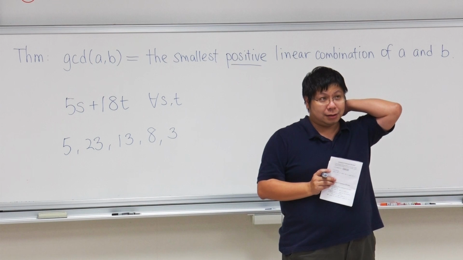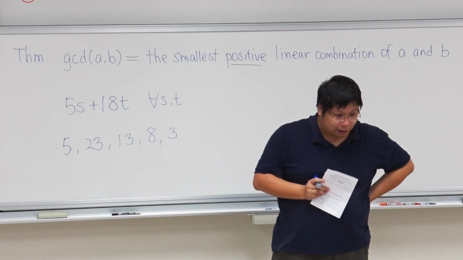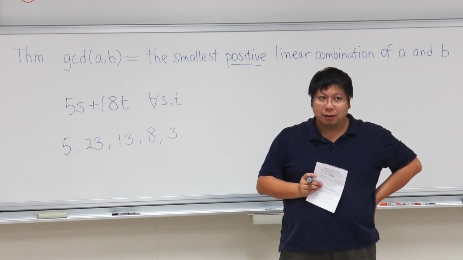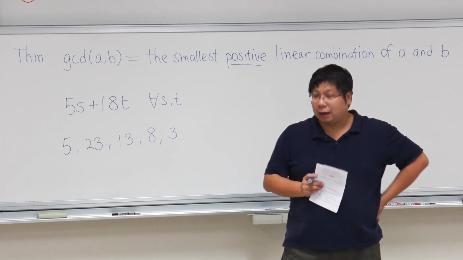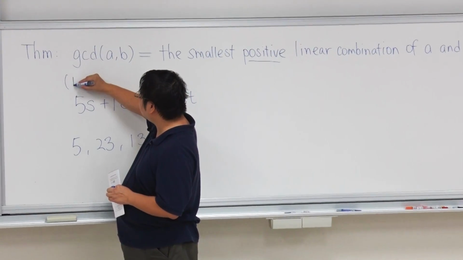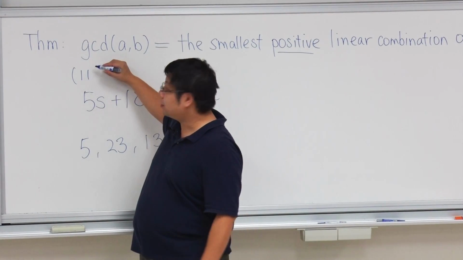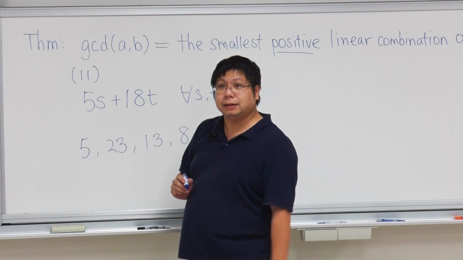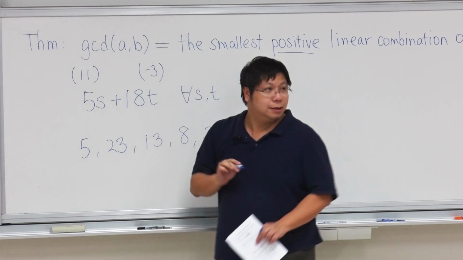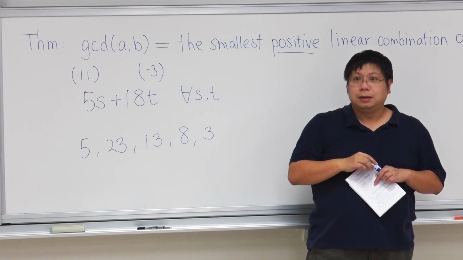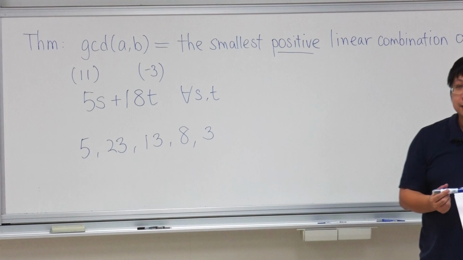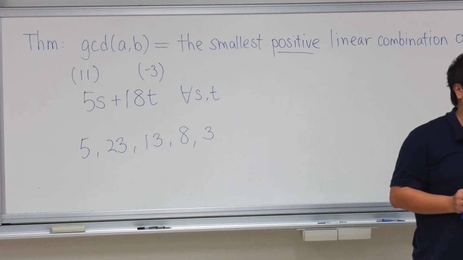So let's see how we can get 1. Perhaps I put s equal to 11 and then t equal to minus 3. 5 times 11 is equal to 55. 18 times minus 3 is equal to minus 54.